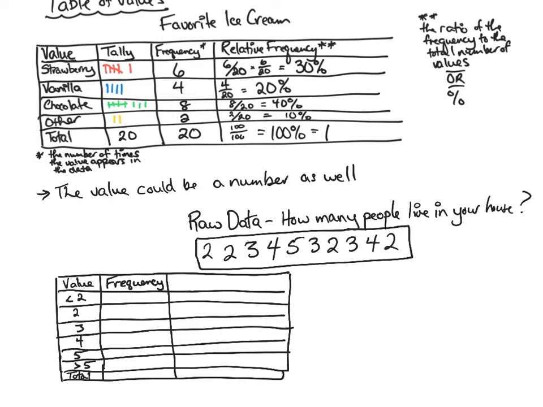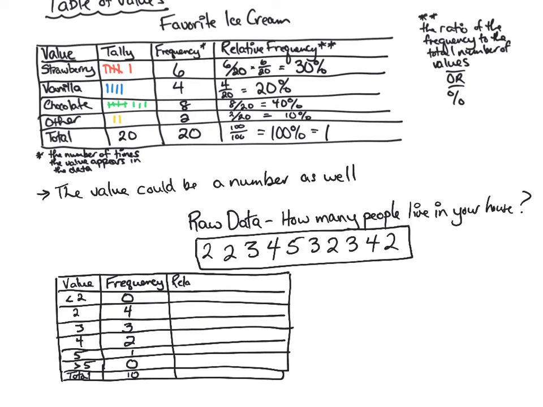In this case, I don't have anything under 2, so my frequency is 0, and it is perfectly valid to have 0 as a frequency. 2, I have 4 2s. 1, 2, 3 3s, 2 4s, 1 5, and nothing above, for a total of 10 pieces of data.